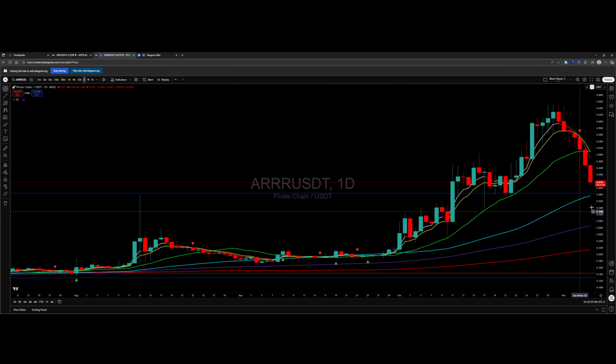And what are you looking for? You're looking for the 50-day moving average and likely this bench of past price in here. And again, they're somewhat related, right? Time and price. So that's not an accident that they align.